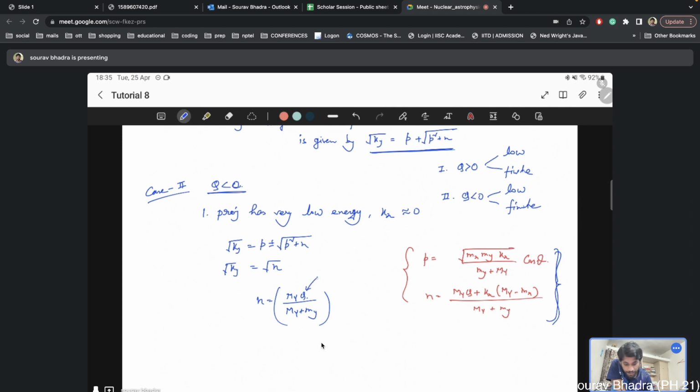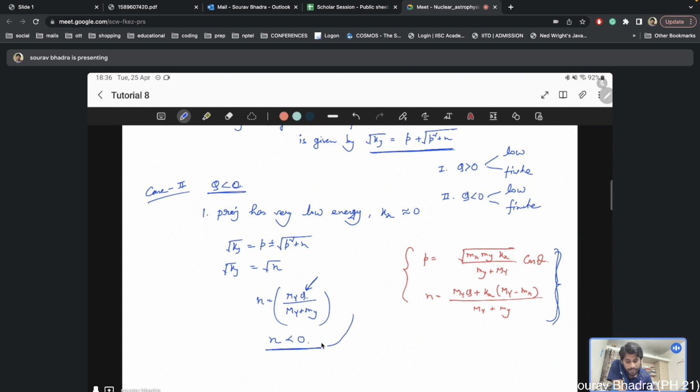That means this particular element is also less than 0. That means your n is less than 0. Why? Because capital My or small my, all those are positive values, mass cannot be negative, but the q itself is negative and it is sitting in the numerator of the expression n. That will make the sign of n negative. That means n less than 0.